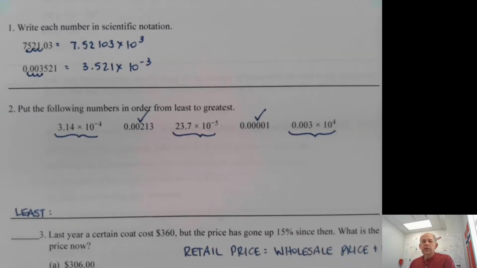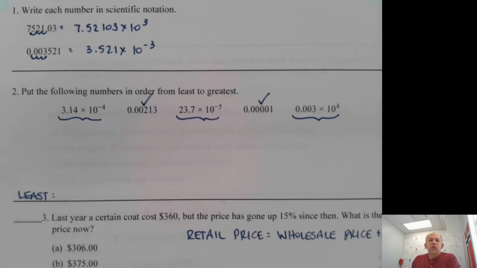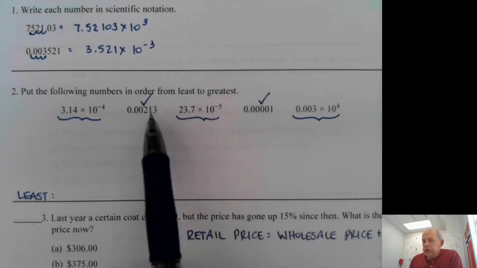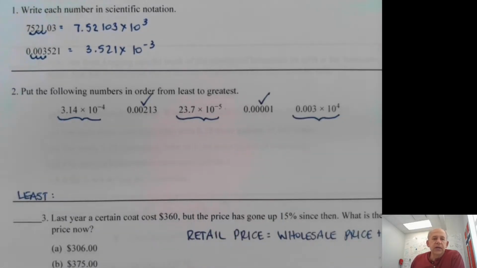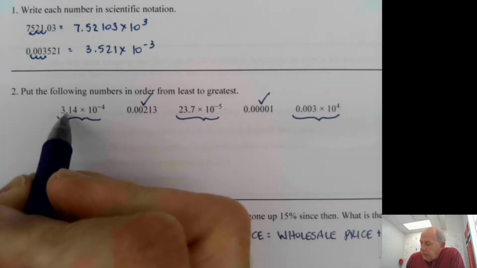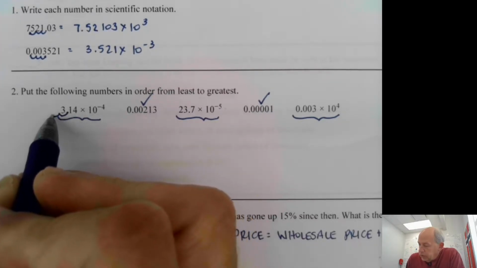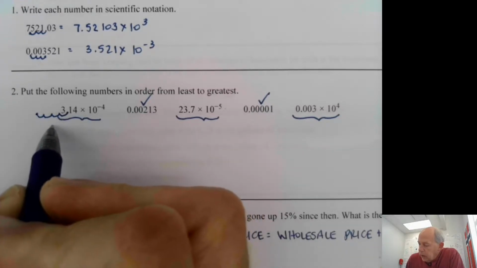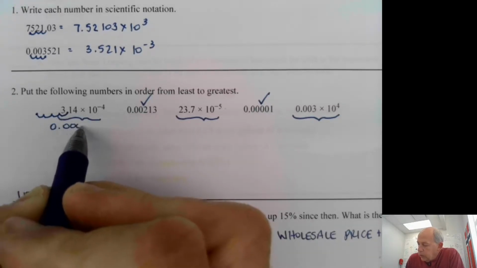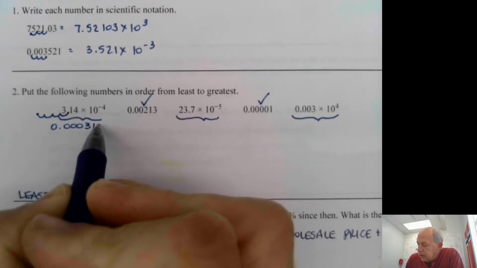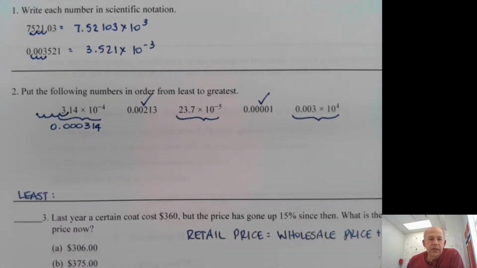Now, let's go on to number 2 and take a look at ranking these from least to greatest. We have some values that are written in scientific notation, some that are written in ordinary decimal. So what I have here, I put a check mark next to the ones that were written in decimal form already. I am going to convert these into decimal. 1, 2, 3, 4. So I have 0.123 zeros and then 314.